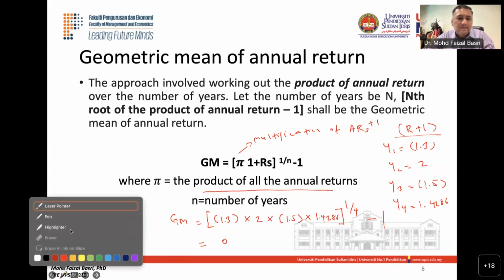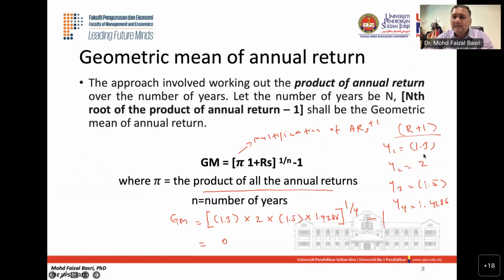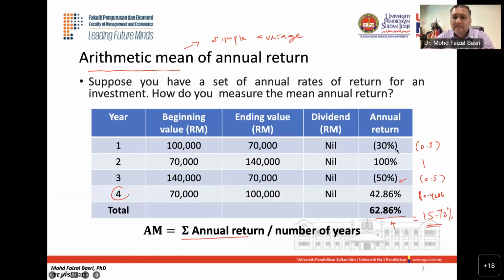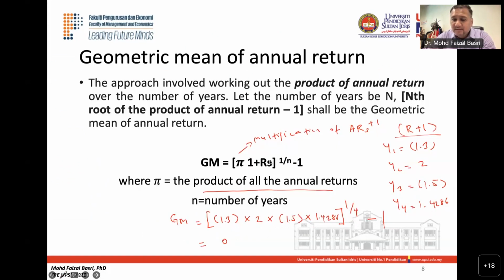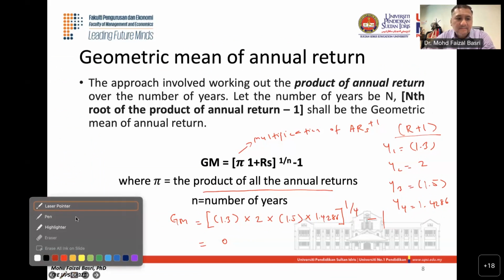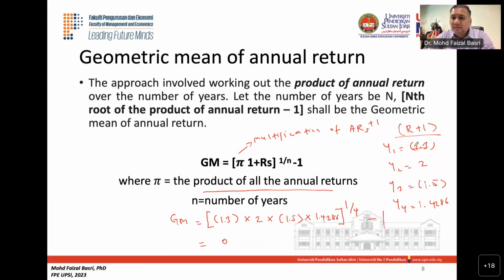It's supposed to be... we cannot add just simply 1.3 plus 1. It's supposed to be 1 plus negative 0.3. So meaning it's 1 minus 0.3. So it's supposed to be 0.7 here.